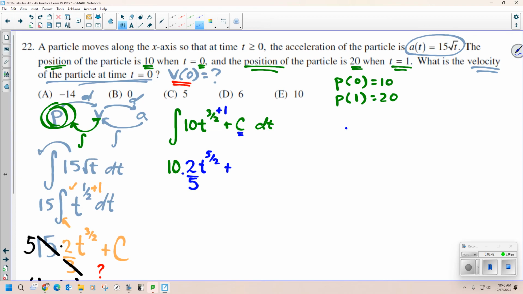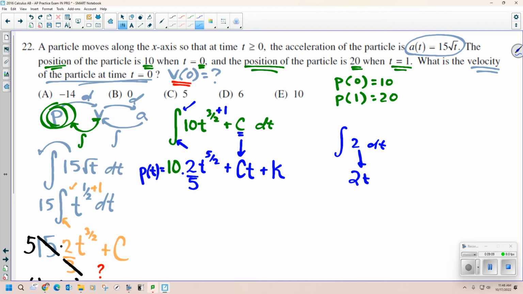If I was integrating 2, it would be 2t. I just bring the variable back in. I don't know what constant it is, but whatever it is, I just bring the variable back in. Guess what? There are still no bounds. I still need to add some constant. I'll call this constant k. This is position.